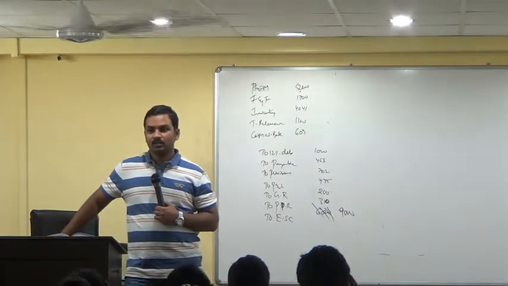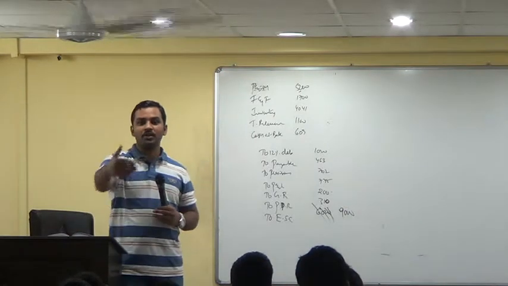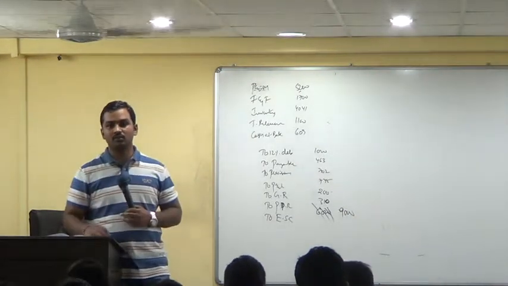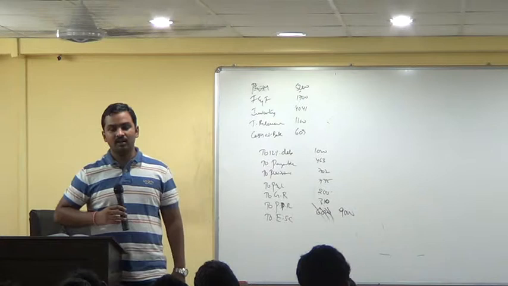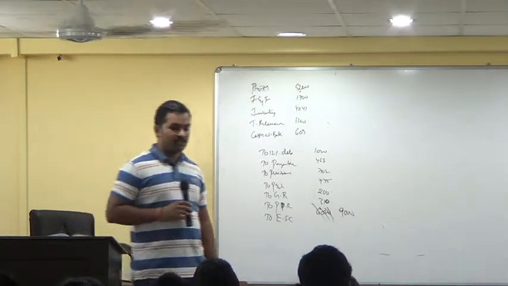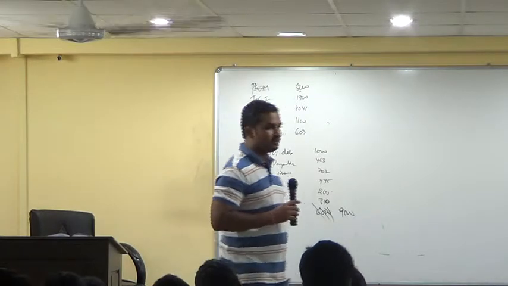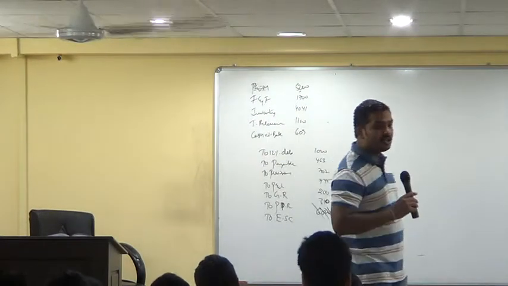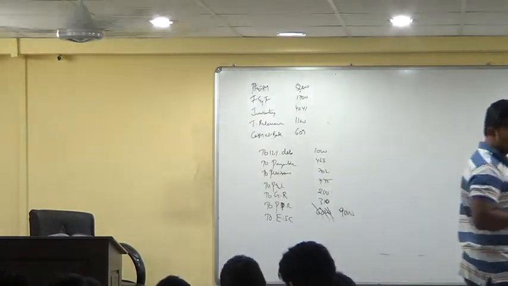Now we have to allot equity shares and preference shares. To equity share capital 16,50,000. To preference share capital 9,35,000.